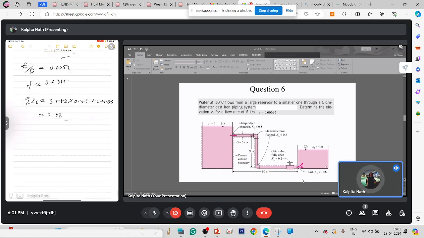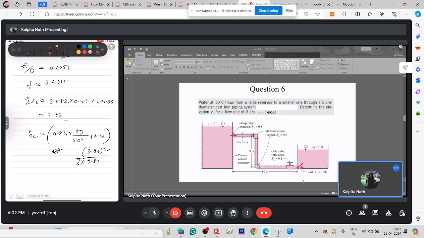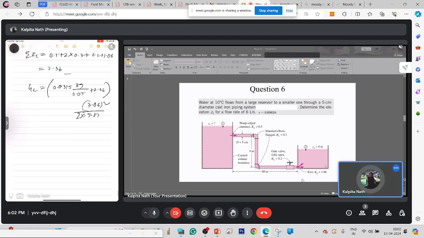So the total head loss is equal to F, 0.0315, times 89 upon 0.05, plus 2.36, multiplied by V square, that is 3.06 whole square by 9.81 multiplied by 2. So this will come out to be 27.9 meters.